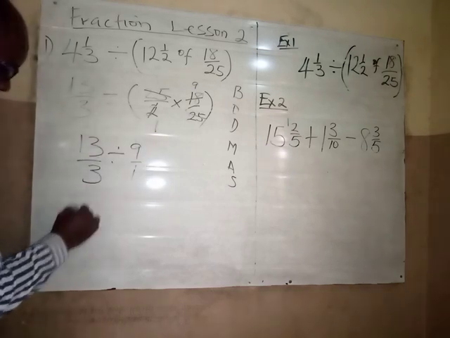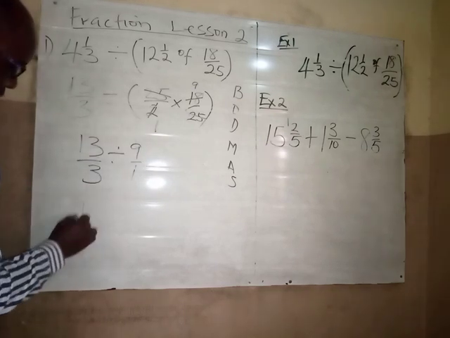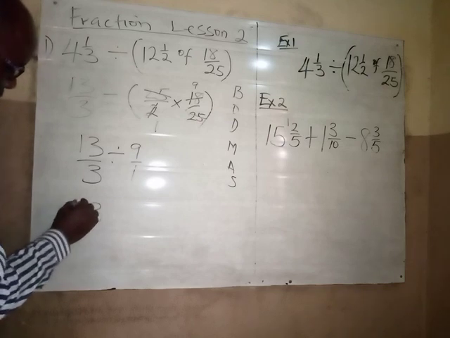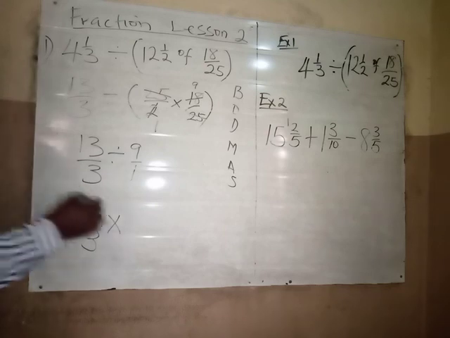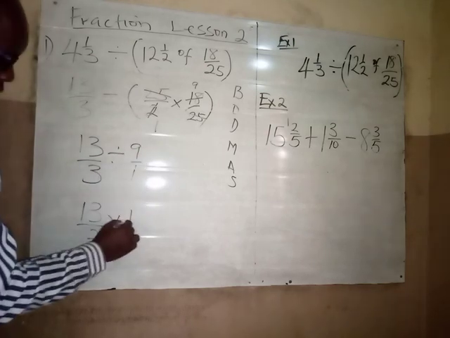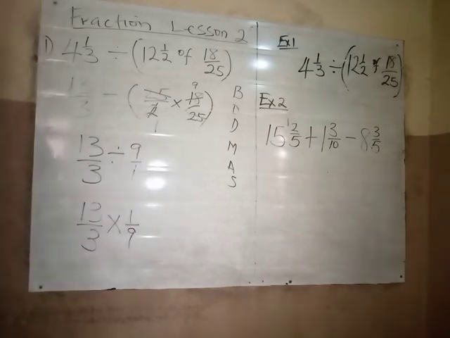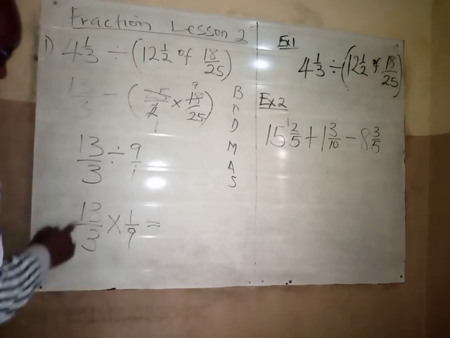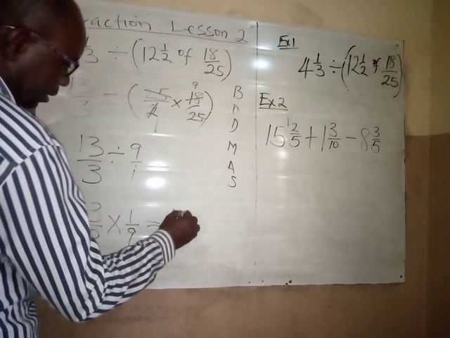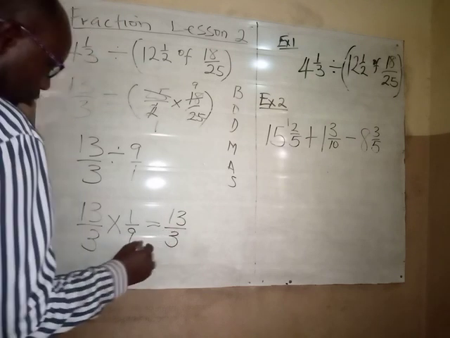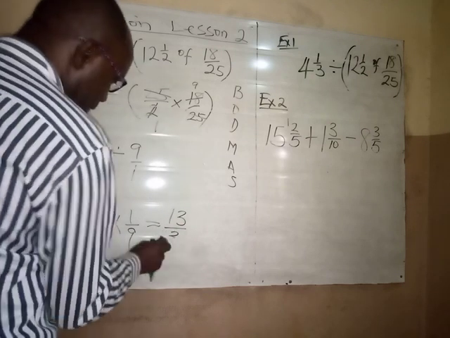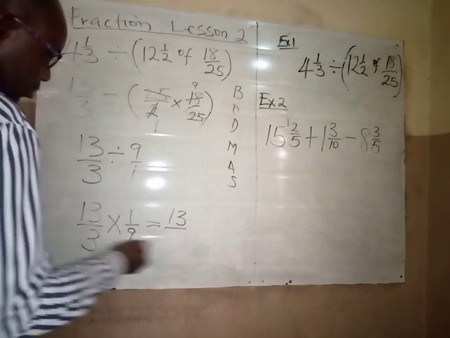So what we now have is 13 over 3 multiplied by 1 over 9. By the time you multiply out, what you have is 13 over 27.